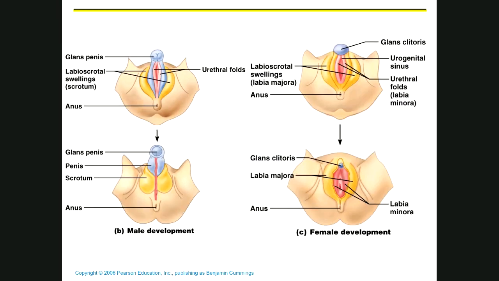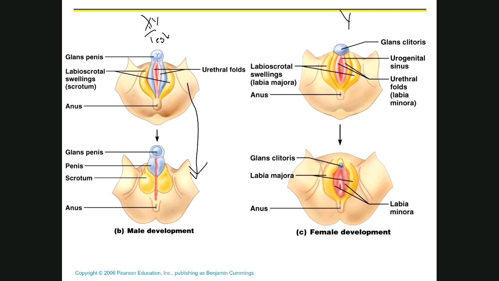So again, here's our indifferent, and then we go through the process. Remember, we have the X chromosome, HY antigen, testosterone. This happens. Here we have the Y chromosome, here we have XY.